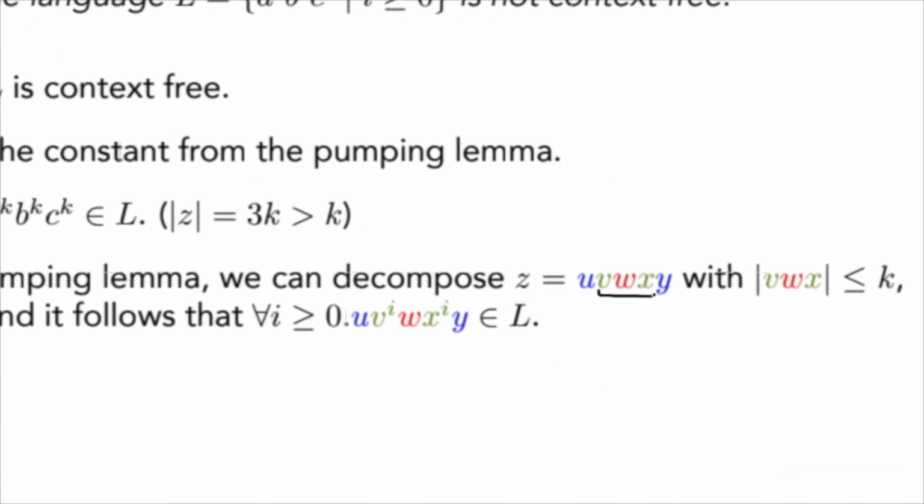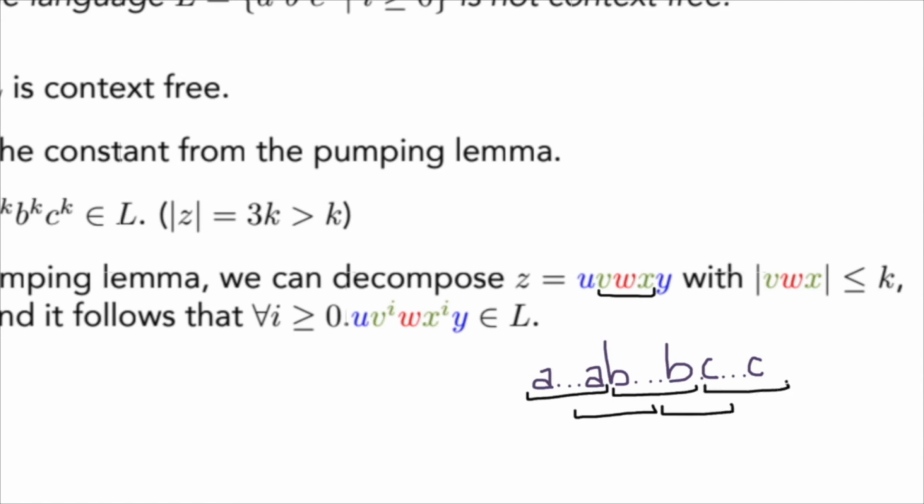Therefore, when we're picking the v, w, and x section from the word a to the k, b to the k, c to the k, v, w, and x can be within only a's. It can also contain some a's and some b's, or only b's, or some b's and some c's, or all c's. We need to consider every possible decomposition of the word z individually.